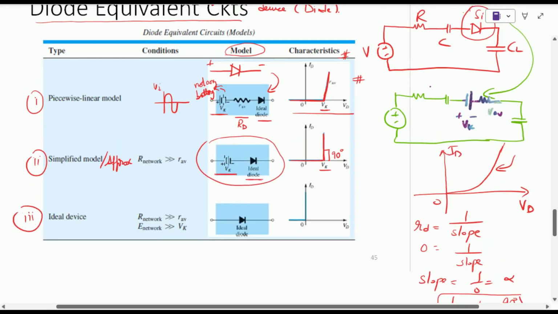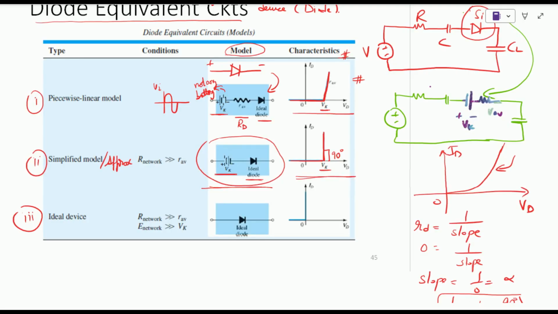Thus we can see that the slope over here is having a 90-degree angle with the base. And this is basically the behavior when we use an approximate or simplified model. Again, you have to keep in mind how the model is going to appear in the circuit and what is going to be the output as shown in the characteristic curve.